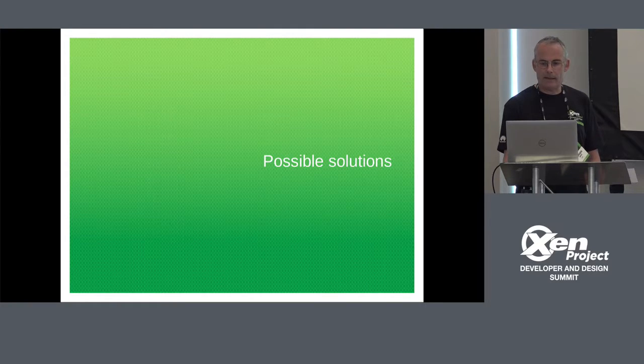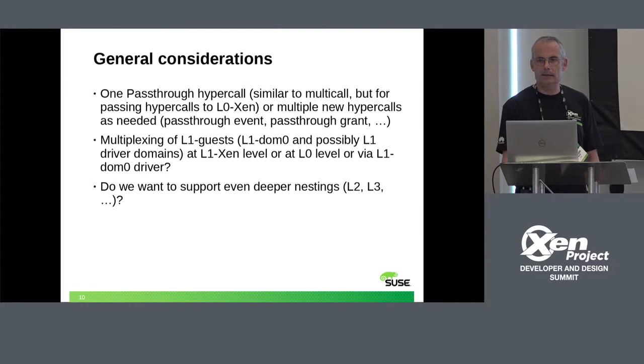So there are multiple solutions thinkable for the whole problem. Some general considerations we should think about: maybe it would be a good idea to have one pass-through hypercall, similar to the already existing multicall hypercall, but not for acting in the local hypervisor, but for actions to be passed through one level down.